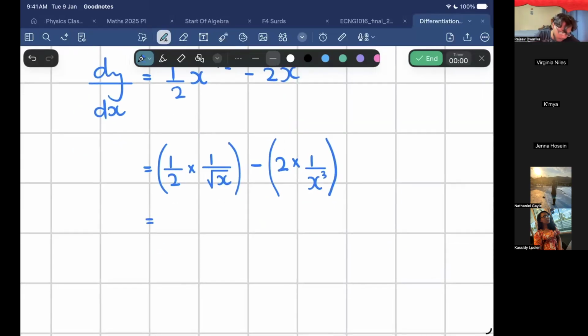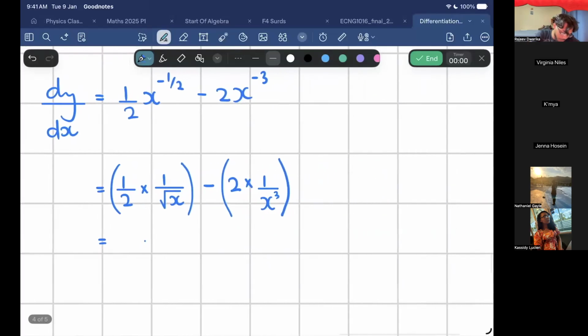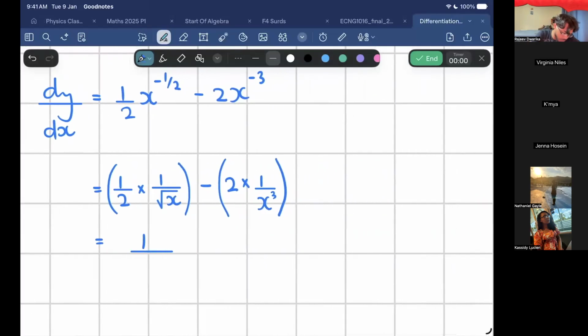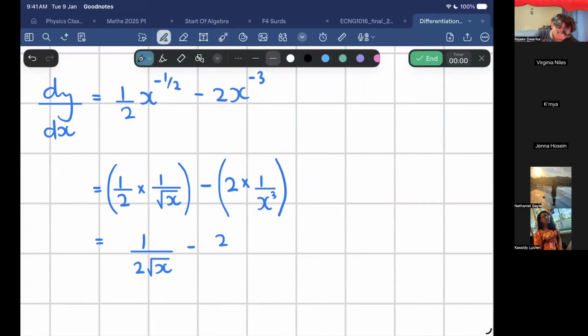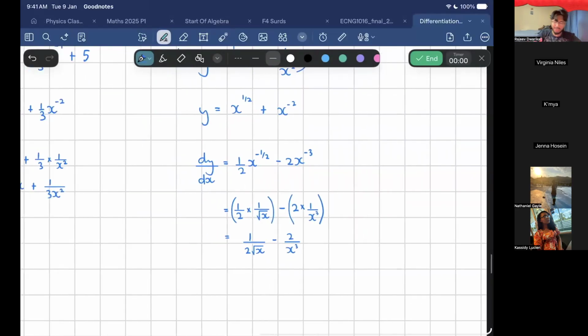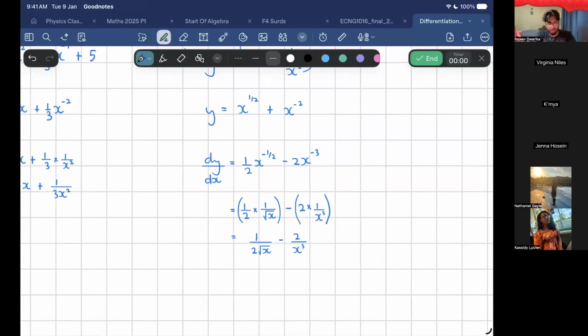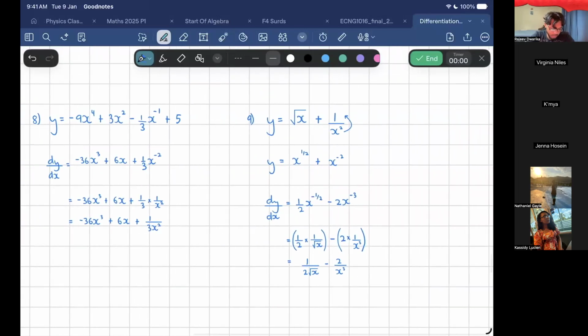So if we simplify this, 1 by 1 is 1, and 2 by root x is 2 root x. And then we have 2 by 1 here, so 2 all over x cubed. Does everybody understand how I get the final answer? Yes, sir. Right.